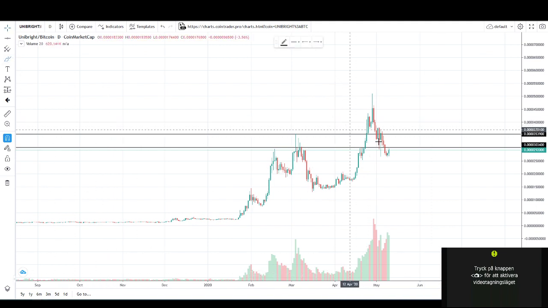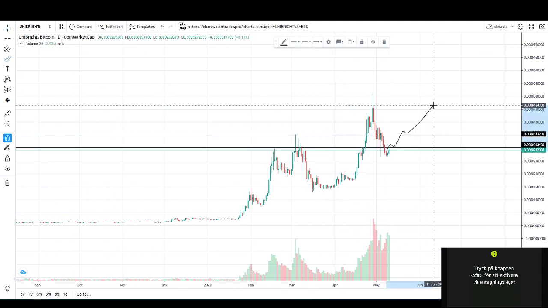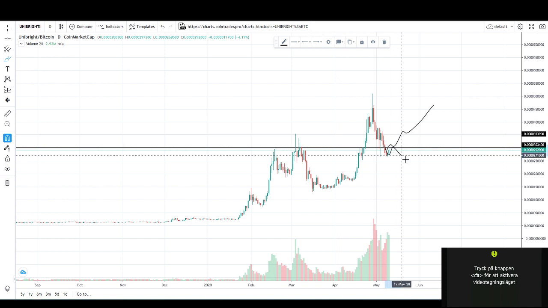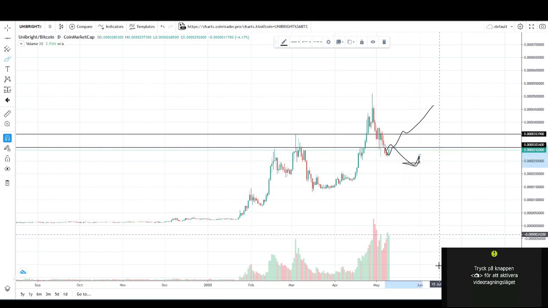So I would be looking for something like this, right? But right now it kind of looks like it might be coming in for a potential bearish retest.